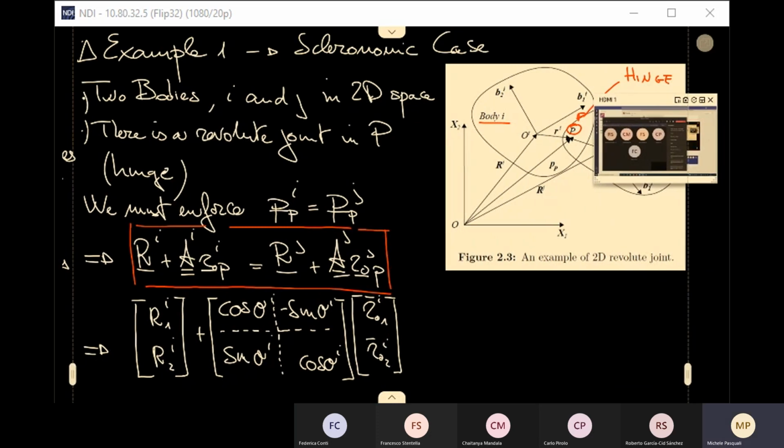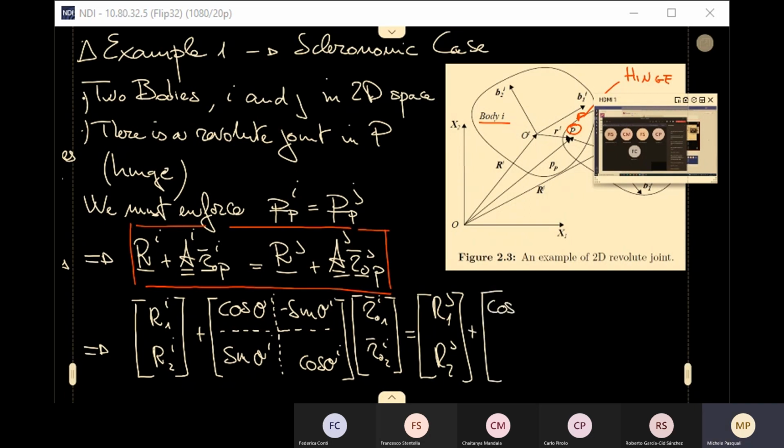Yeah, we know that rotational matrices typically are applied over quantities which live in the local frame. And of course here just the same. So it's R1 and R2, but this time it's J, plus the same thing.